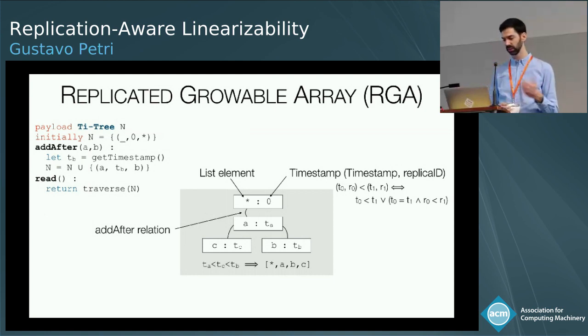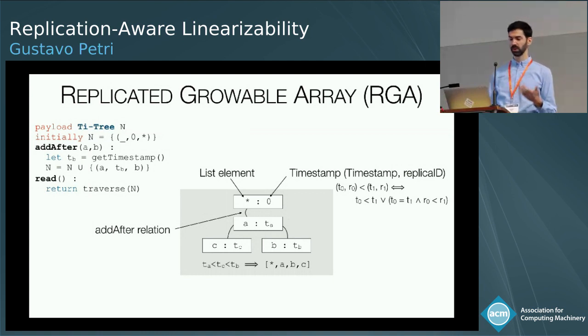The timestamp TC has to be greater than TA and T0, and so on and so forth. Now, because replicas can be executing this disconnected from each other, these timestamps could end up being equal. In the case that they're equal, we're going to use the replica identifier to disambiguate. So that builds a total order in this relationship.